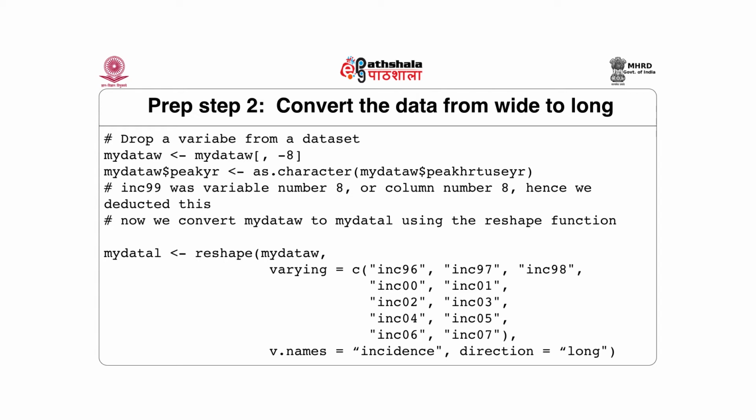So you see that we have got INC 96, INC 97, and so on till INC 07, which stands for age-adjusted incidence rate as calculated for the year 2007, and we have named the variable as incidence, and we have converted the data from a wide to a long direction. So you've got repeated measures of those data sets.